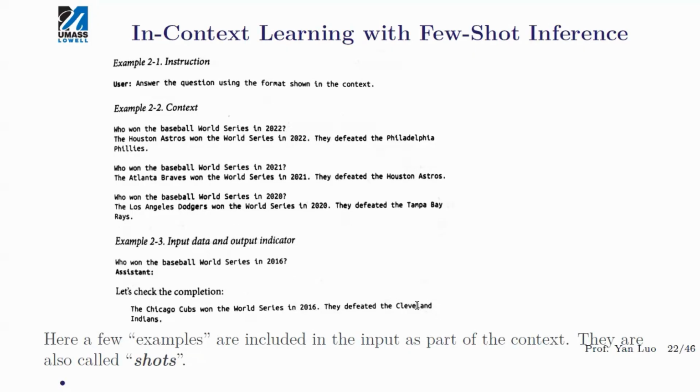They defeated Cleveland Indians. These examples are included as part of your input prompt, as part of the context, and these are called shots. If you don't have any examples, it's basically zero shot. You basically don't give the model any new information. You just use whatever the model is trained on, so the model will spit out the output as the completion.